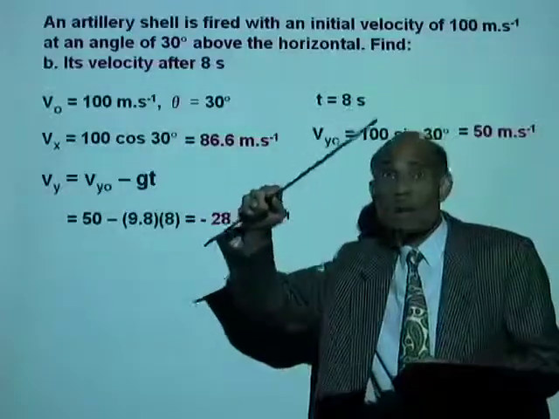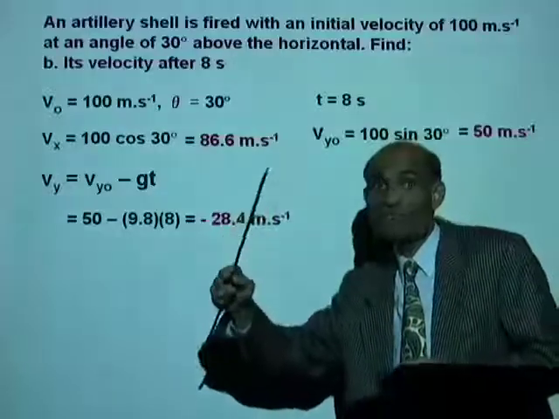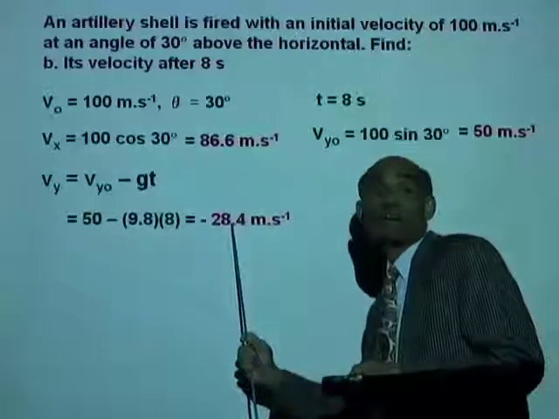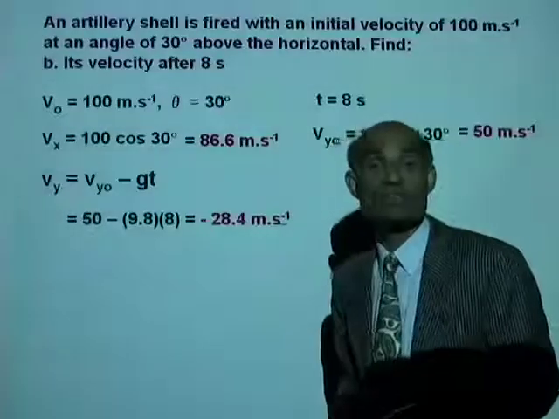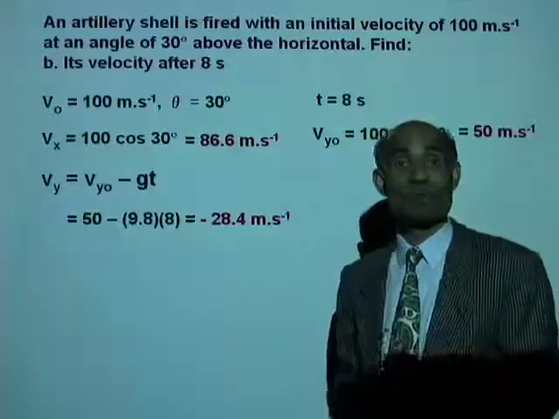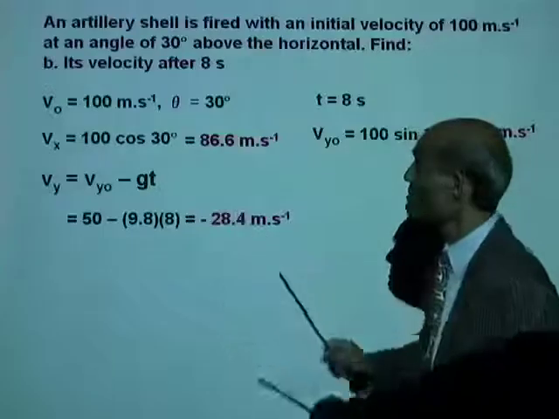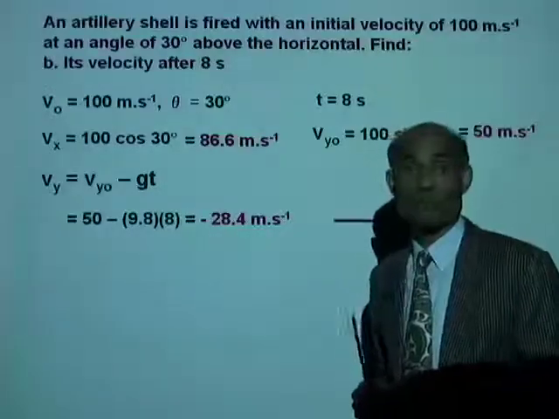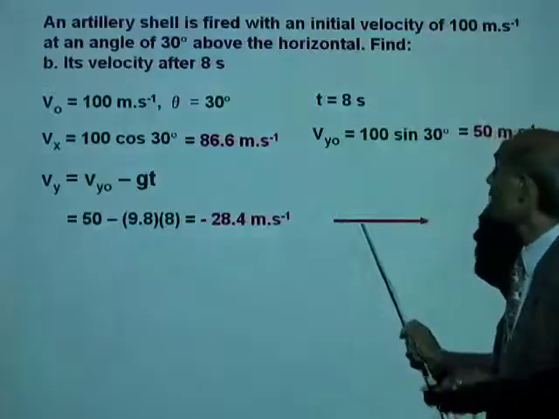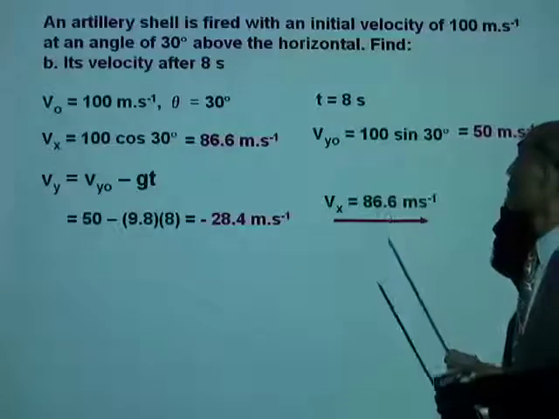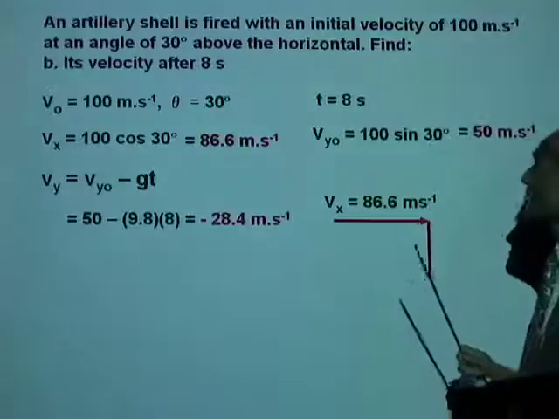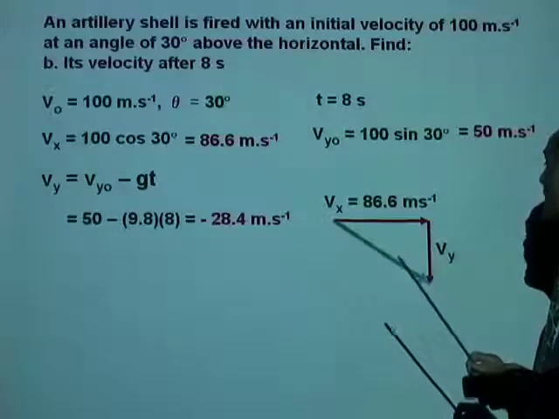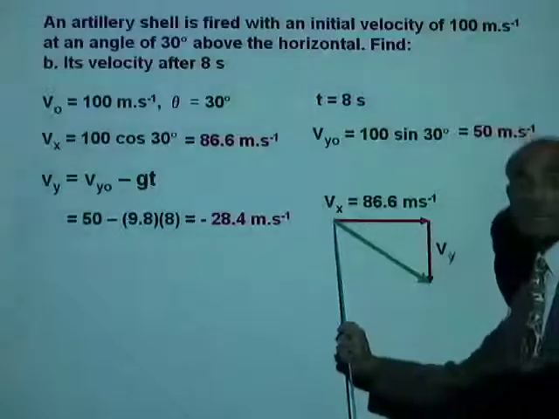So that is the time the projectile is on its downward journey. The vertical velocity at that time is negative 28.4 meters per second. So how do you now write the velocity? The velocity has an x component, 86.6 meters per second, and a y component, negative 28.4 meters per second.